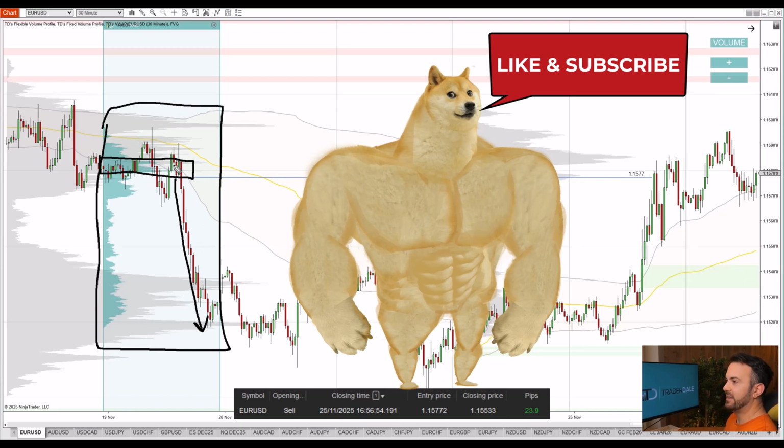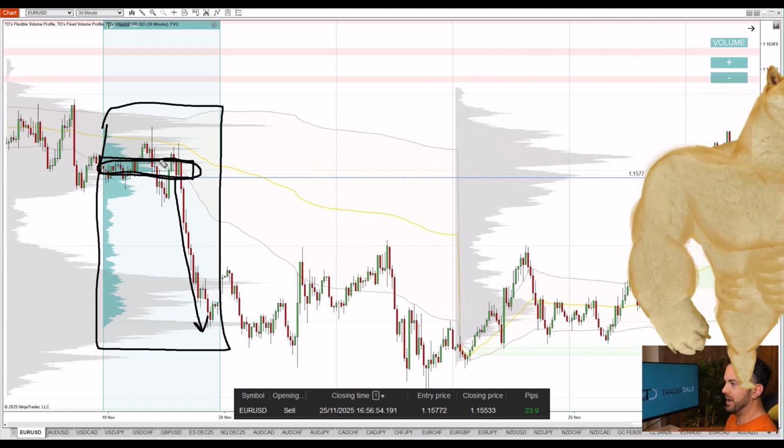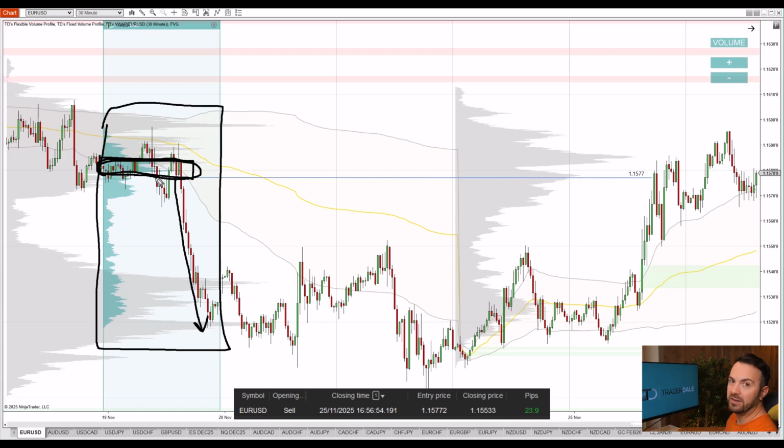That means that somebody was active in here, accumulating their positions, and that those guys pushed the price downwards. And because the price went down, it's likely that those were sellers accumulating their short positions and afterwards manipulating the price to move downwards. Alright, so this is what that trade was based on mostly.